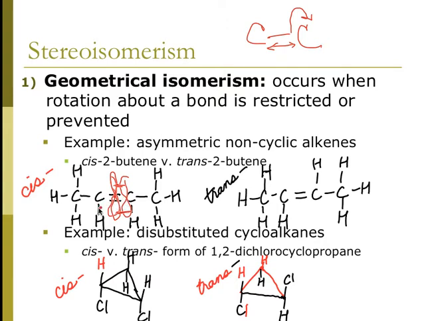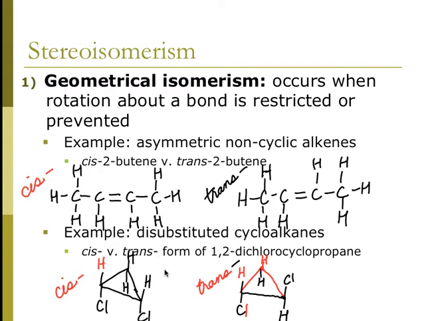So if I have the cis isomer, I have 2 things on the same side. Trans, I'm going to have them on opposite sides. They're fixed in that position, and it does help to actually make these things in 3 dimensions.